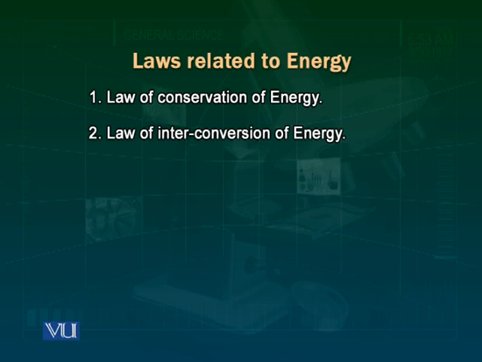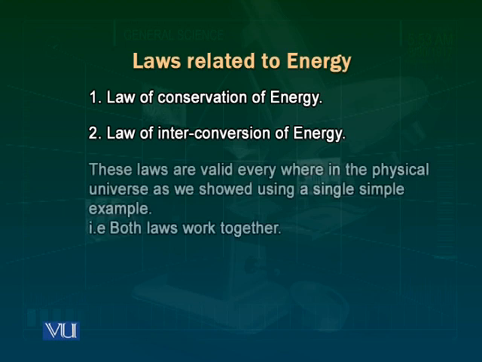The second is that one form of energy can be converted to another form of energy, and neither is created nor destroyed. However, you have to keep in mind that both of these laws work in unison. They do not work independently, but together, and these laws are always valid in the physical universe, which we have shown, of course, in the examples we did before.